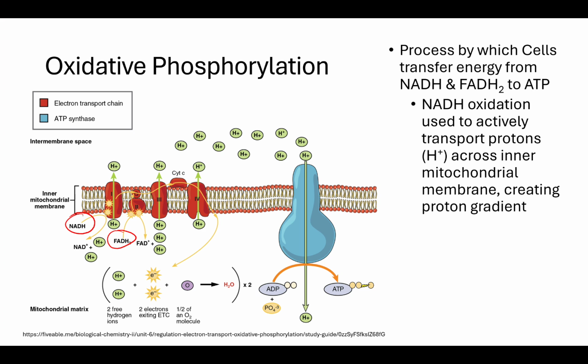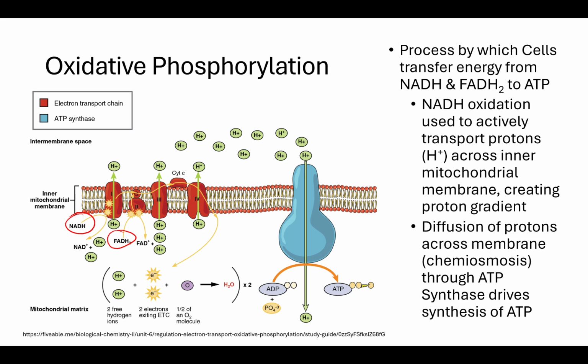So we now build a concentration gradient of these hydrogen ions, and then when those hydrogen ions diffuse back through the membrane, they do so through that familiar molecule ATP synthase. And ATP synthase uses that movement of the hydrogen ions to create ATP. This is called oxidative phosphorylation. And then one thing to note is that these electrons that are coming out at the end, they have to go somewhere.